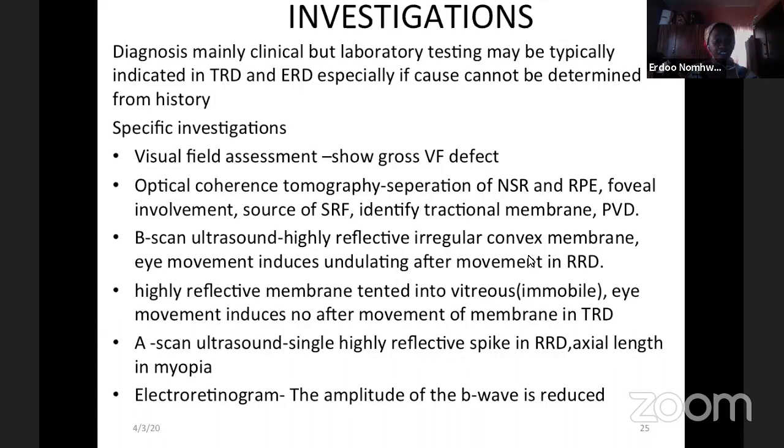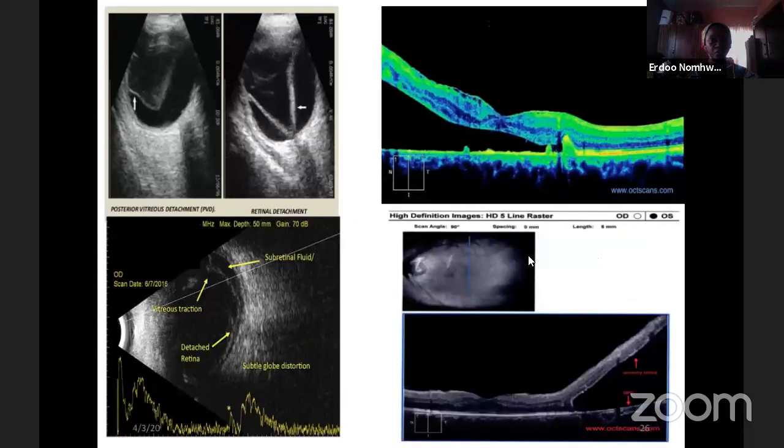And an ERG, electroretinogram, will actually give a reduced B wave, telling me that the retina has been affected. It may not give the exact detachment that has occurred, but it gives an idea that a detachment has occurred, and that's why you have a reduction in the amplitude of the B wave.